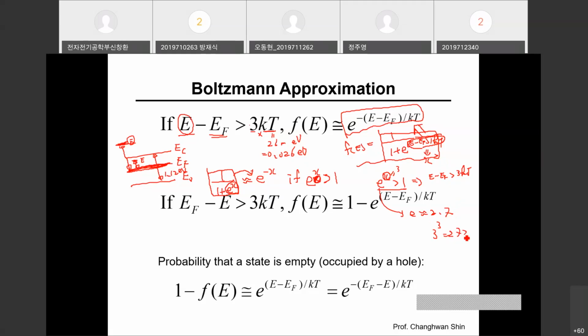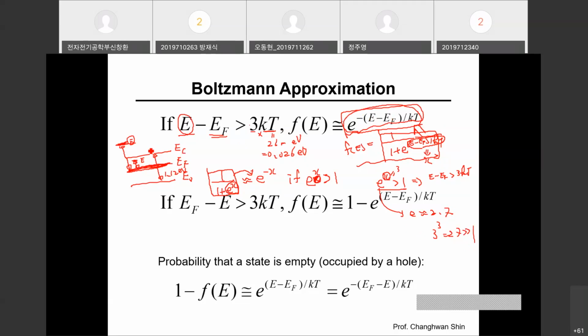So 27 is much higher than 1. So that's safe, right? So if E minus EF is higher than 3 times kT, the thermal voltage, then the complicated Fermi function can become very simple: exponential to the minus E minus EF over kT.